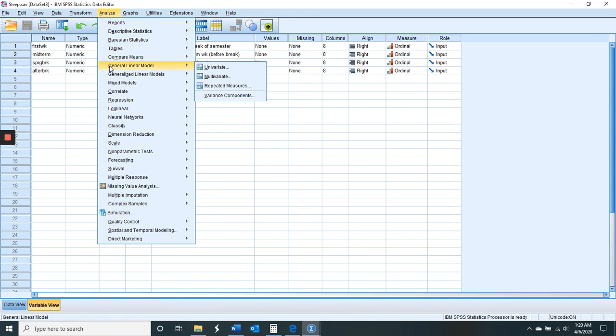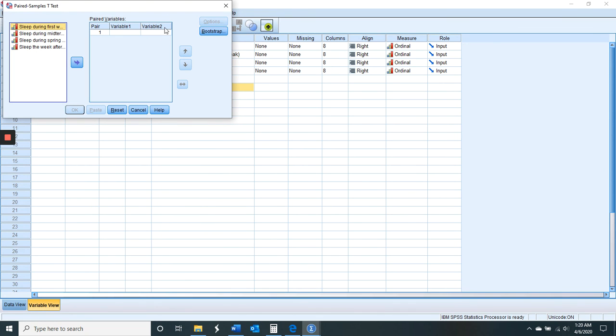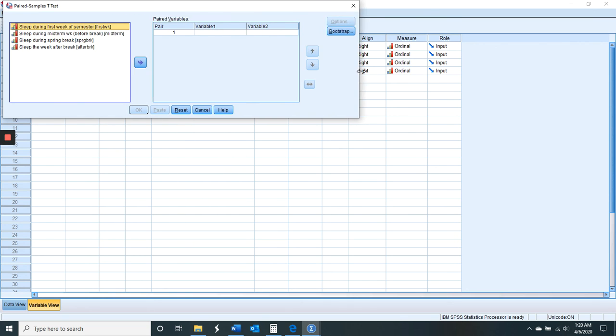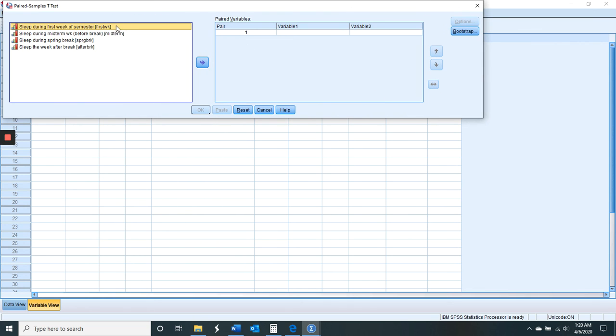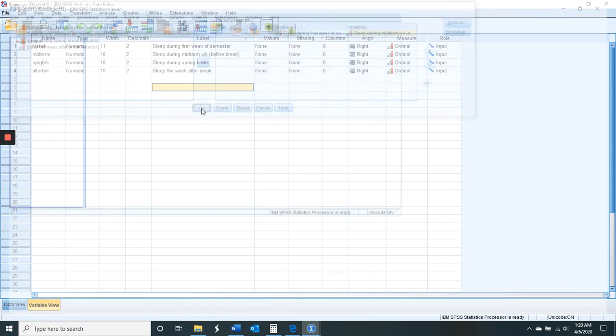And so one is, analyze, compare means, paired t-test. I'll drag this out here so it's easier to see. So one, we compare the first week of the semester with the midterm. And so we just ran that.